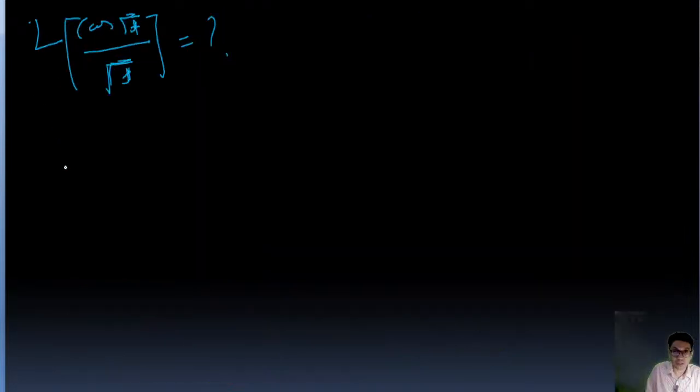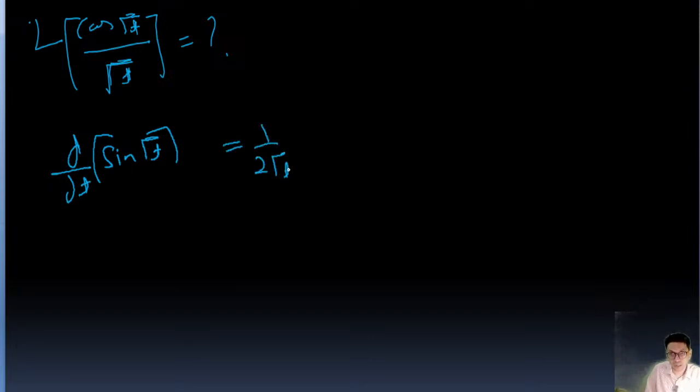So here we'll find d upon dt of sine root t. Differentiation of sine root t is going to be 1 upon root t cos root t, divided by 2, that is cos root t upon 2 root t.